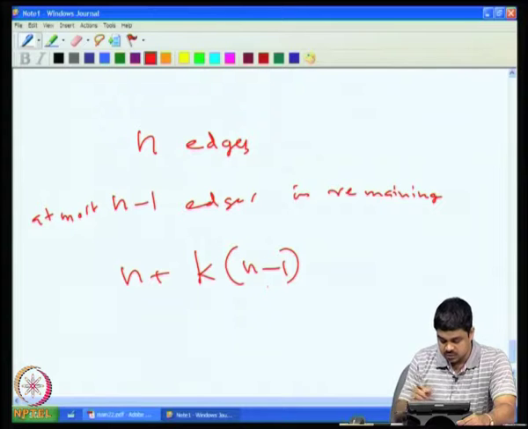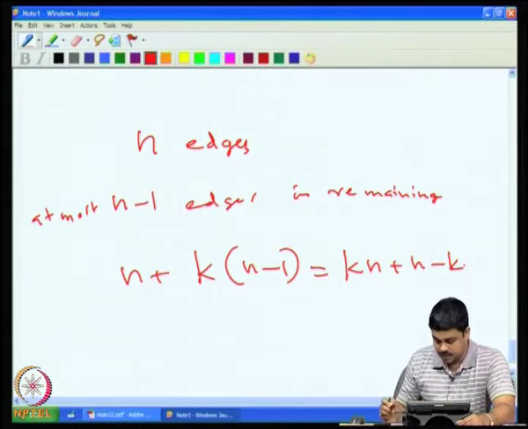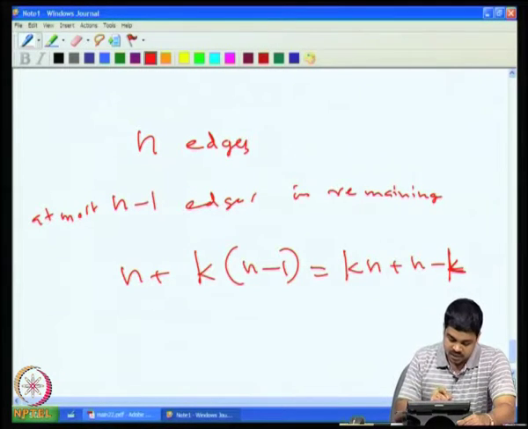How much is this? So this is kn plus n minus k. This many edges is the maximum you can get if there is one color class with n edges and k other color classes.